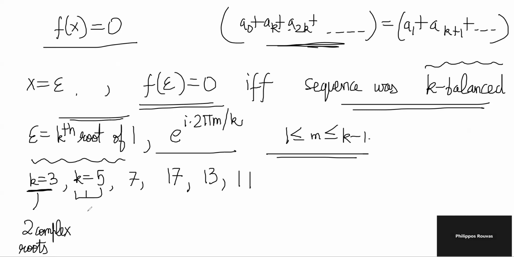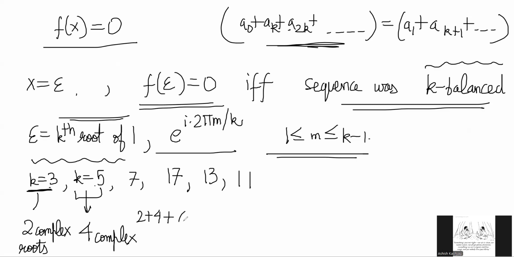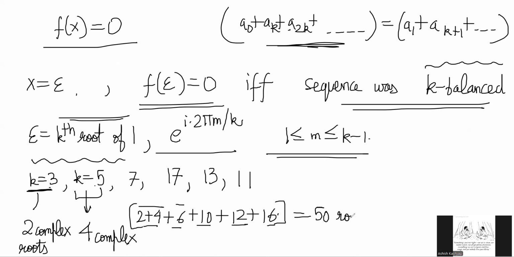Yes. And here you would get 4 roots, 4 complex roots other than 1, right? Yes. So similarly for different values of k, we are getting 2 plus 4 plus 6 plus 10 plus 12 plus 16 complex roots, right? And basically this adds up to 6 plus 6, 12 plus 10, 22, 34, 16. This adds up to 50 roots.